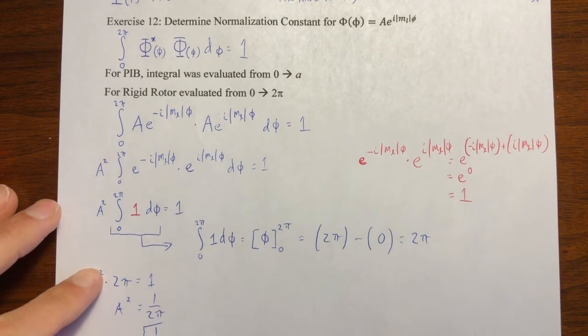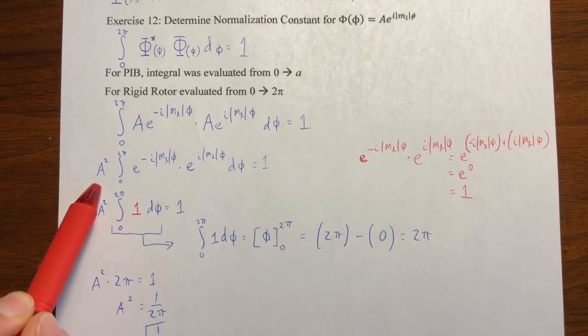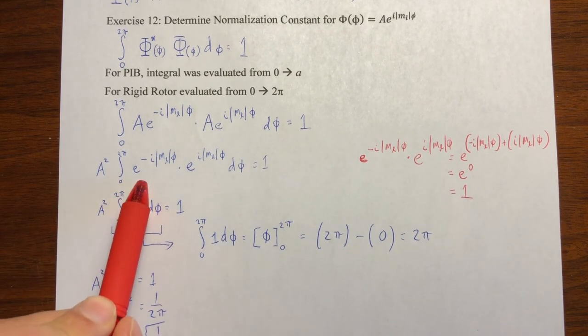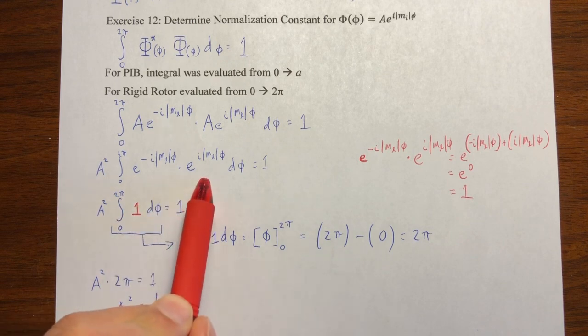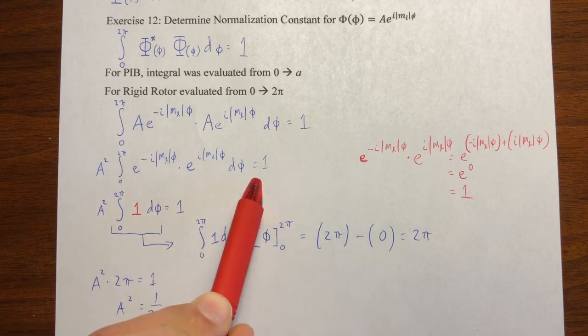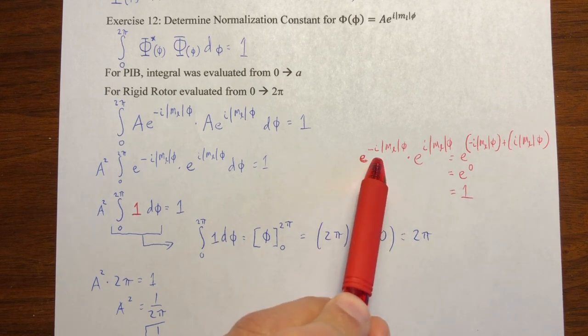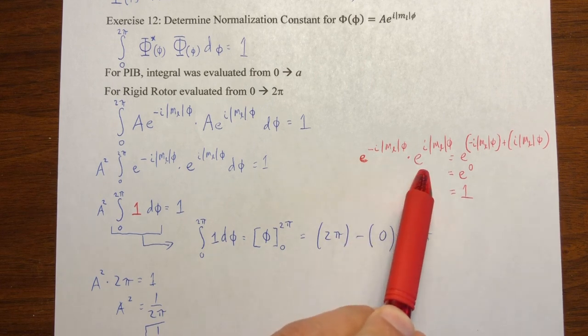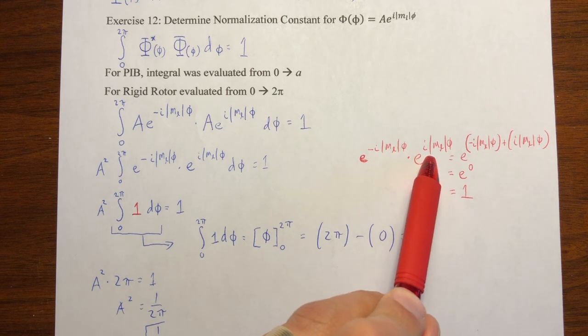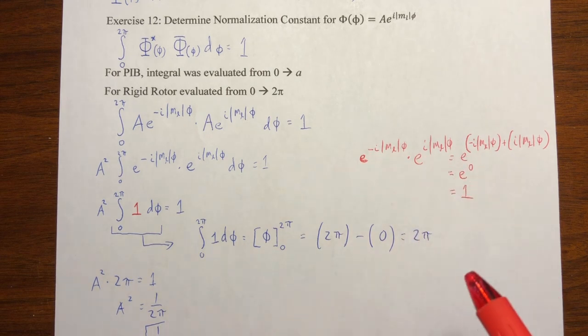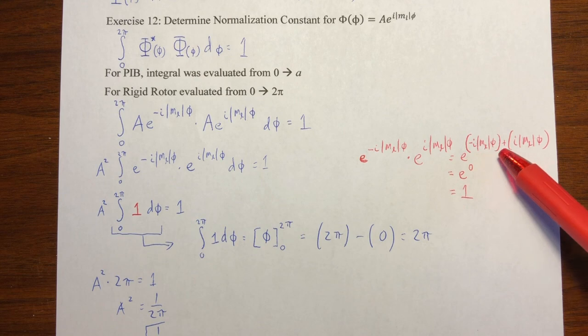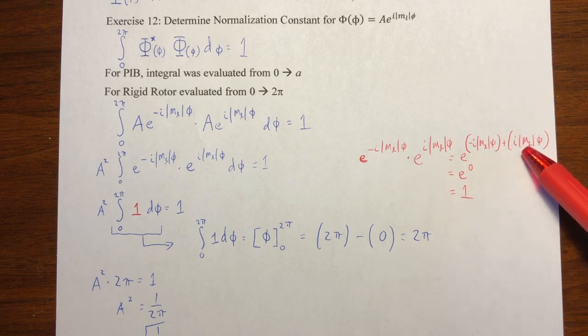And so A times A is A squared, and we can bring that out in front of the integral. What we are left with is the complex conjugate times the wave function itself, and we can simplify that. So e raised to the negative i m sub l phi times e raised to the positive i m sub l phi is equal to e raised to the sum of those two exponents.